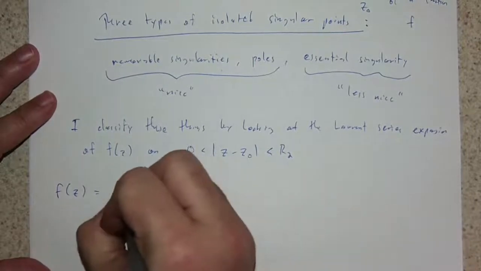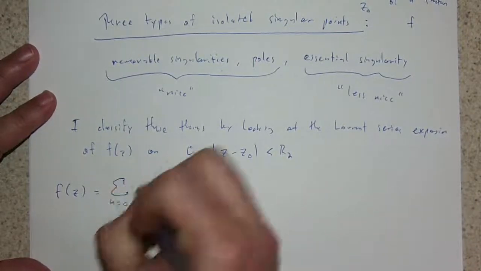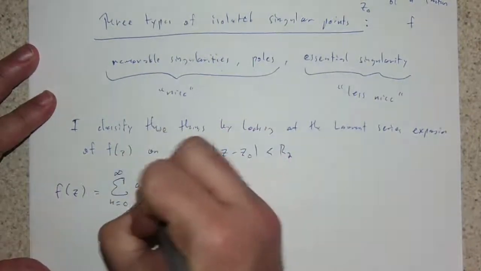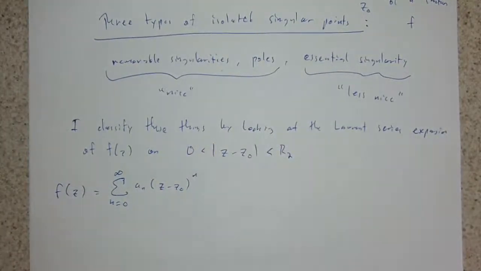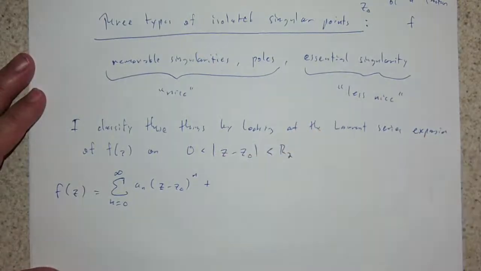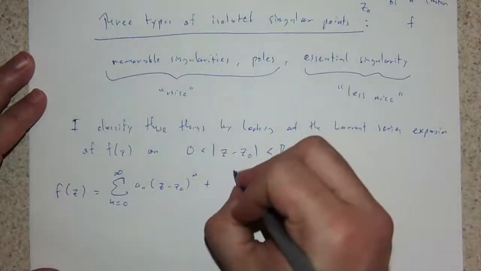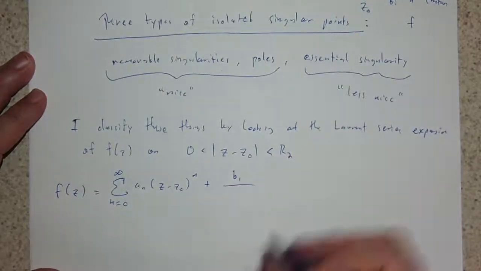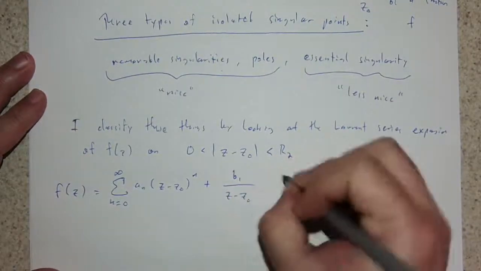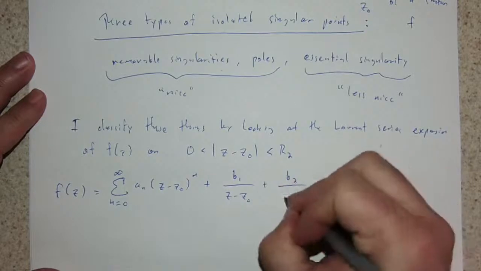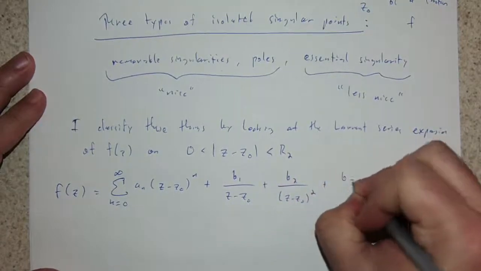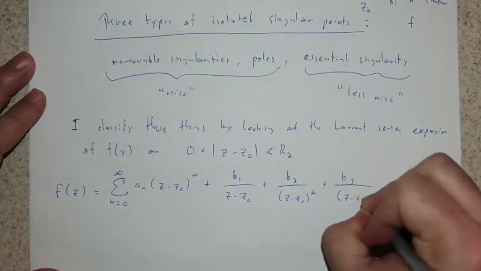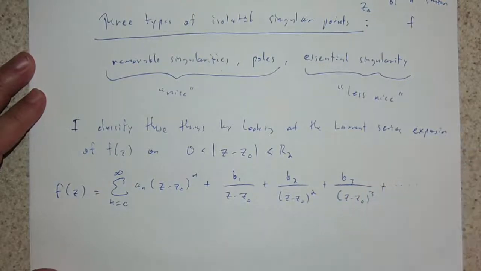We have this part, the power series portion, and then we have the portion that concerns the negative powers of z minus z naught.